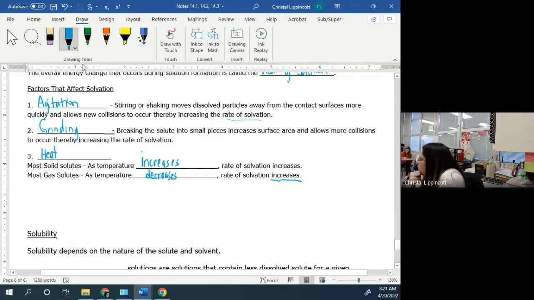Now, environmentally, this comes into play a lot of places, but take fish, for example. What do fish use for respiration?